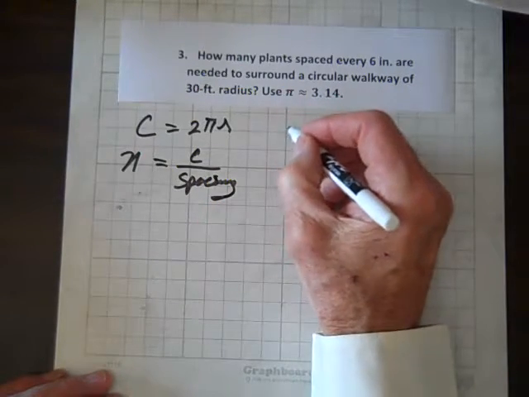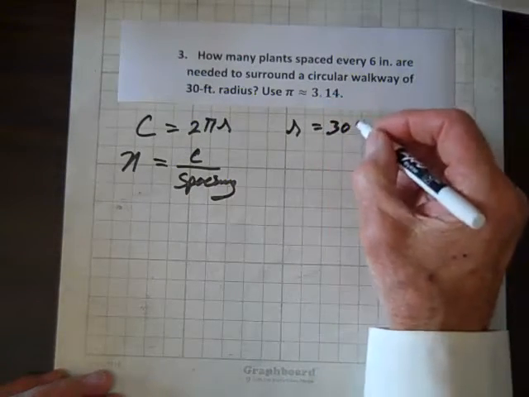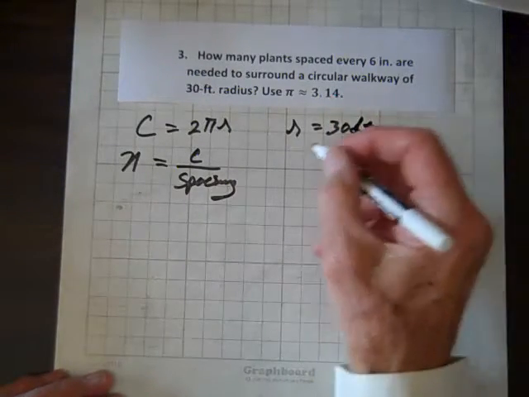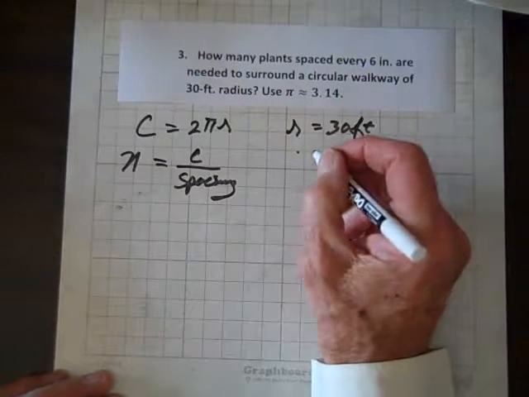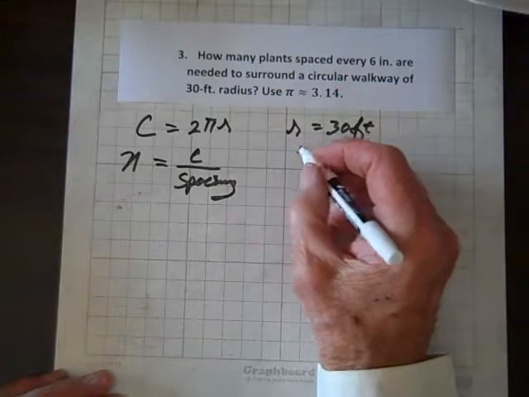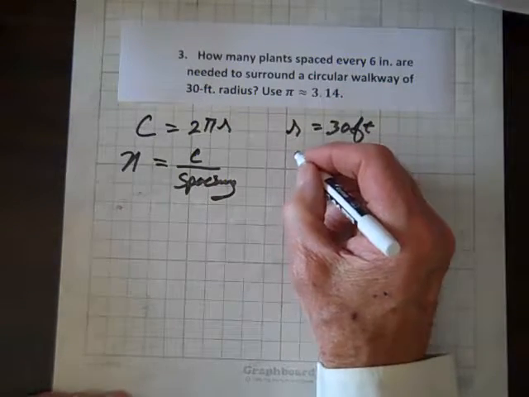So we've got a radius of 30 feet, and we have a spacing of 6 inches. Well, we have to convert this spacing to feet, because we have to have identical units.